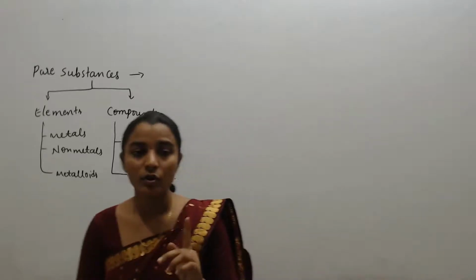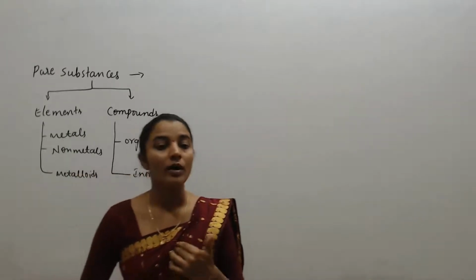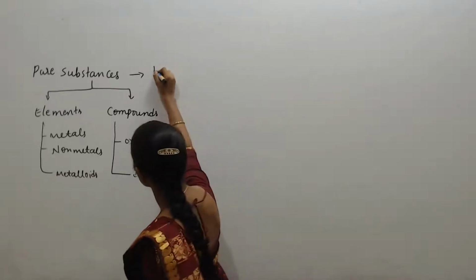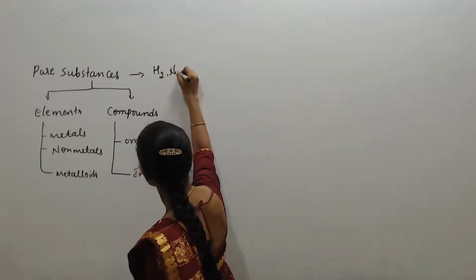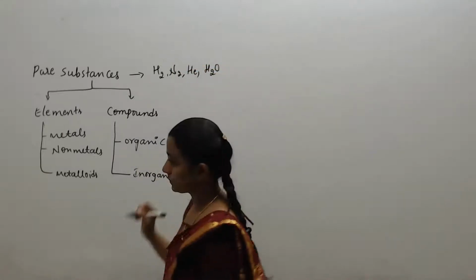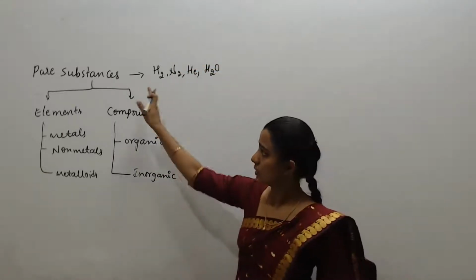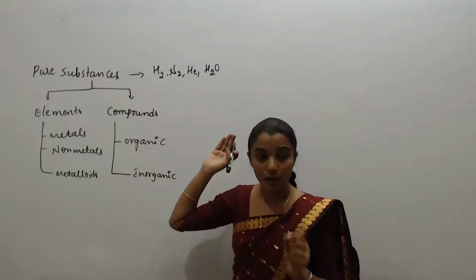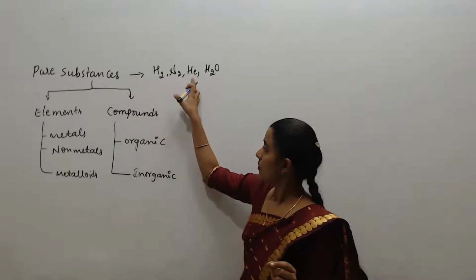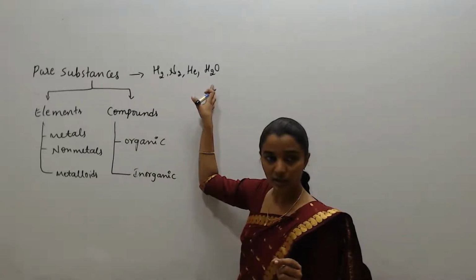It consists of only one type of atom or a molecule. For example, water is there. Example I write. H2 is there. N2 is there. Helium is there. H2O is there. Okay. So these are all example for what? Pure substances. Here atom is there, here molecules are there.